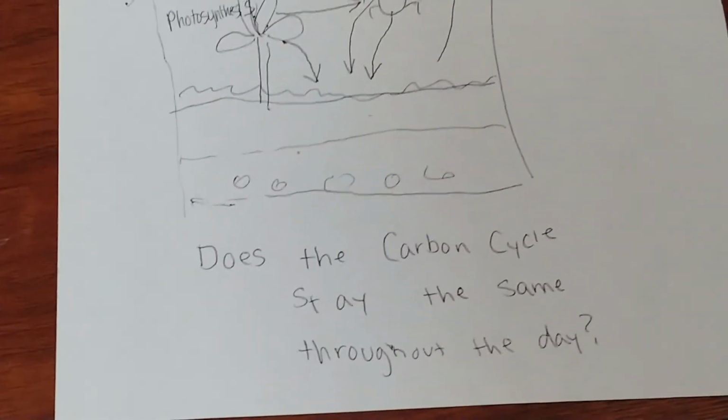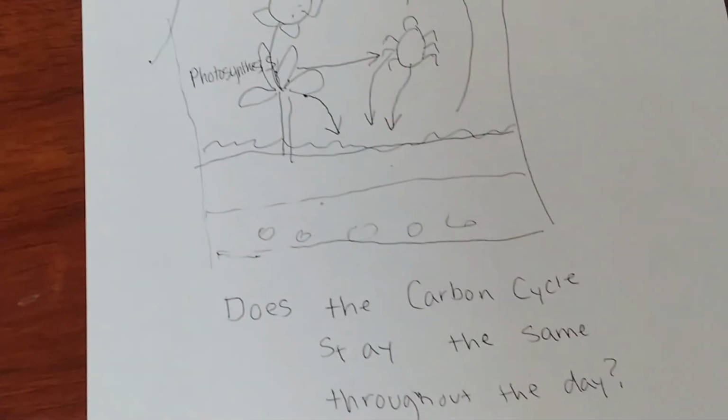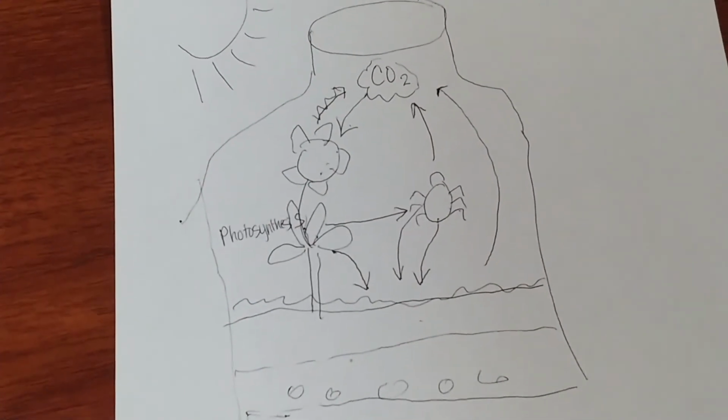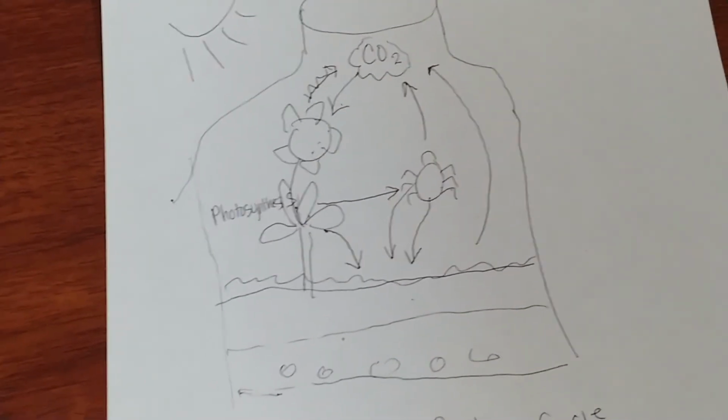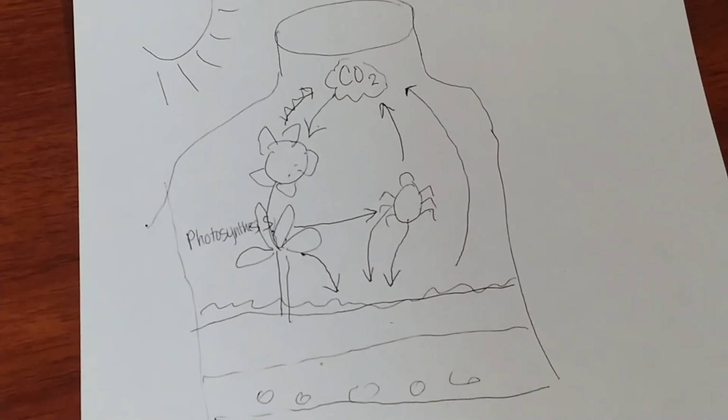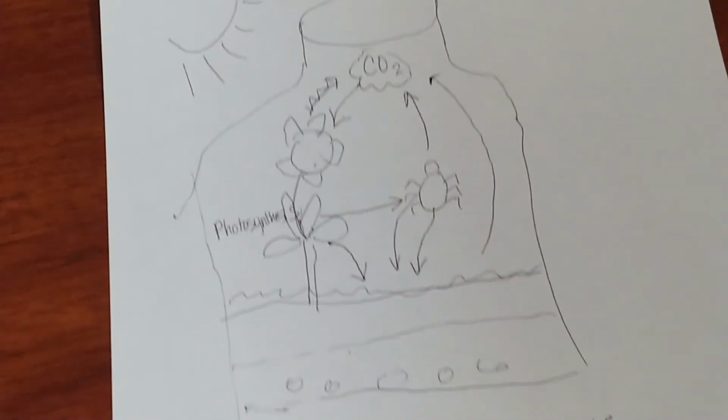Your answers to that question you can send along with your pictures of the carbon cycle in your ecosystem. I've seen a few pictures of ecosystems. I'd like to keep that coming because some of you have some very nice ones that are working really well.